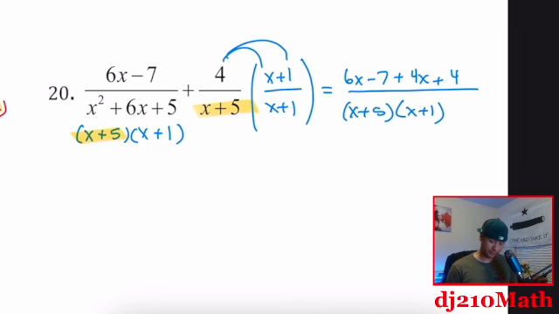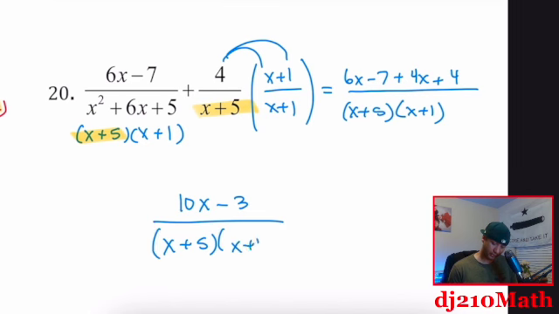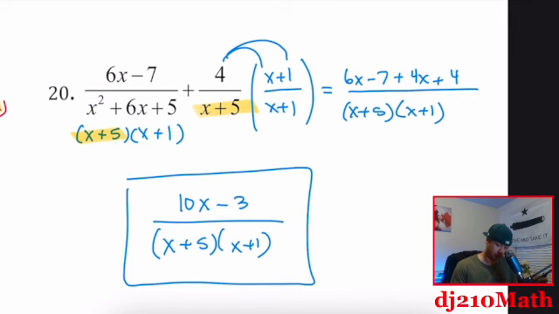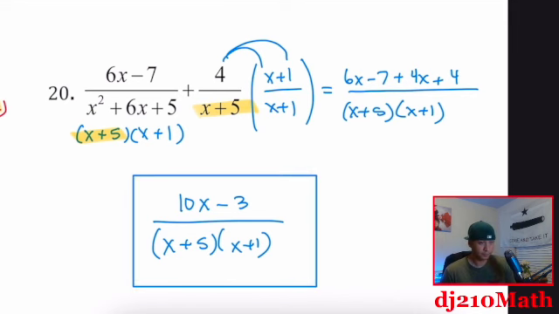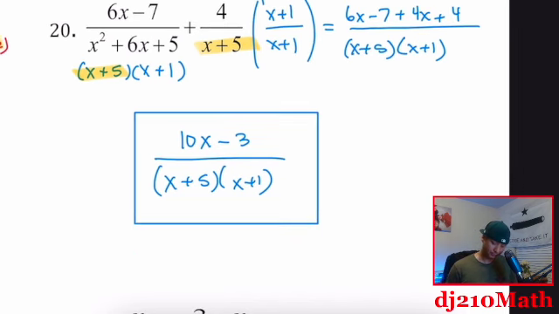Combining the like terms, final answer, we're going to get 6x plus 4x is 10x. 7 minus 4, 7 take away 4 is negative 3, all over x plus 5, x plus 1. There it is. Final answer, because 10 and 3 can't go anymore.